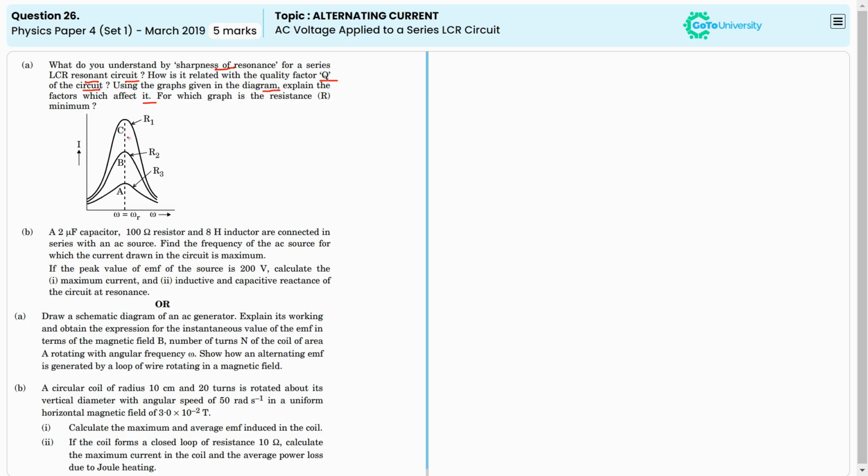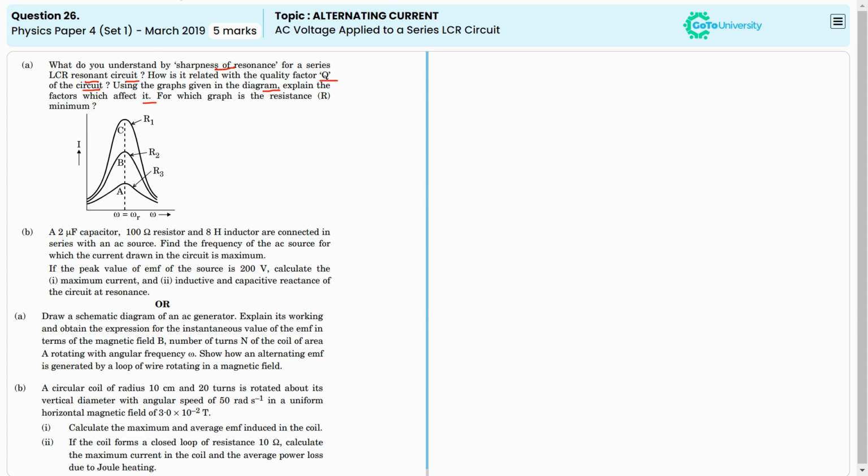Okay. Now, the sharpness of resonance: when resistance is low in a series LCR circuit, a large current flows when the angular frequency is close to the resonant frequency, and such an LCR circuit is said to be more selective.